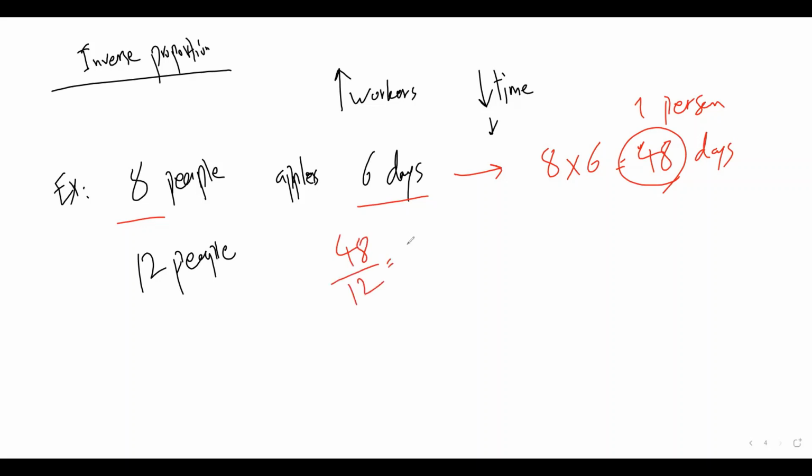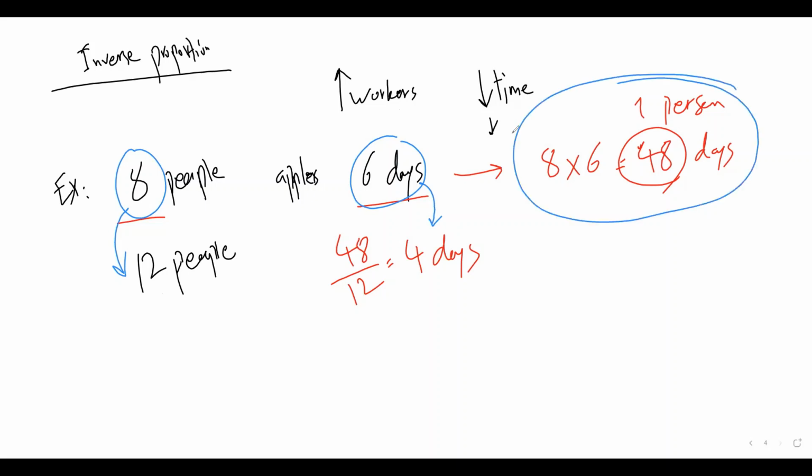And the answer would be 4 days. And you can make a comparison with the statement given in the question. We have increased the number of people, we have added 4 more people, and the number of days reduced by 2 days. But the most important part is this one right here.